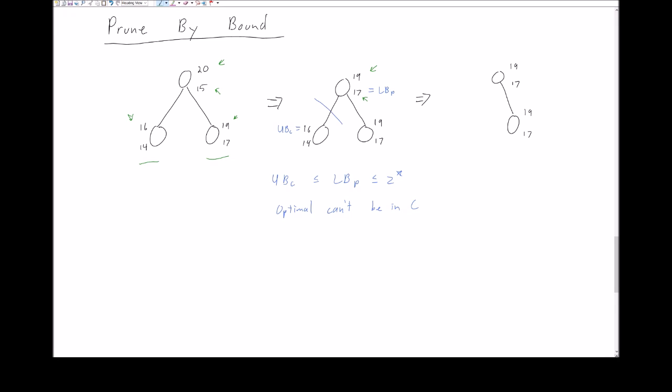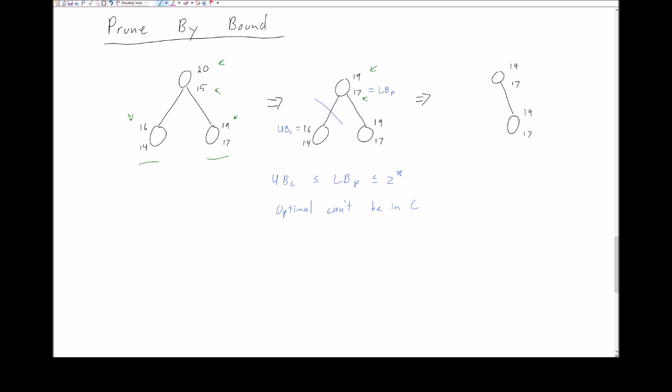Now, after updating, we observe a fact. The lower bound of the parent node is 17, and so the best feasible solution at the parent node has a value of 17.